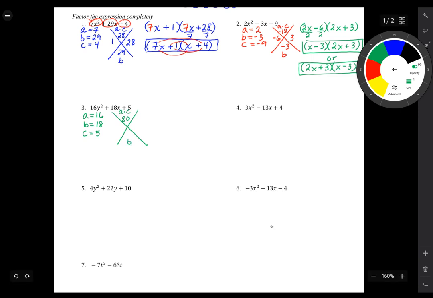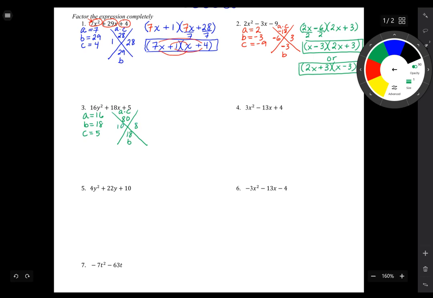And B is 18. Ooh, 80 is a large number, so most people are like, oh, I start at 2 times 40. Well, no, keep going, and you get to like 5, and 16 times 5 is 80, but 16 plus 5 is not 18. So what works is 10 and 8.